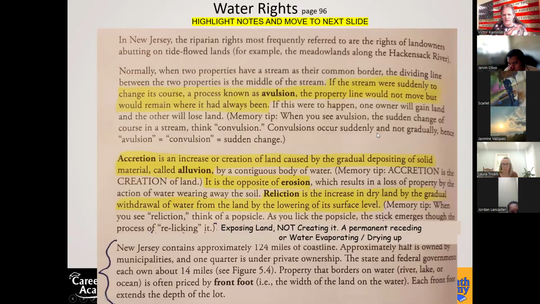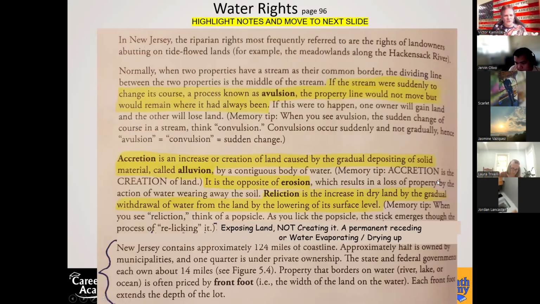Convulsions occur suddenly and not gradually, hence avulsion equals convulsion equals sudden change. Say what? Tip to easy remember. What the hell did they just say there? Okay, here's another memory tip. When they did the last rewrite of this book, they put these memory tips in here, and some of them are so stupid.